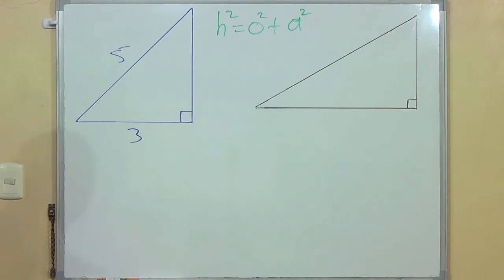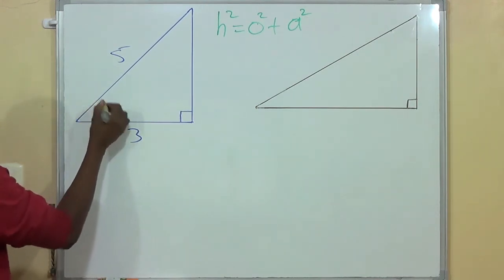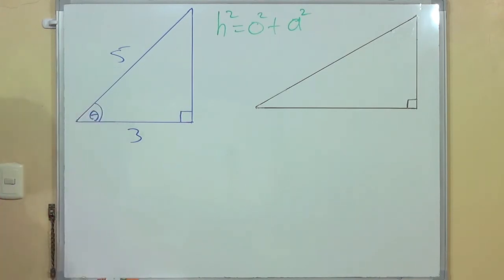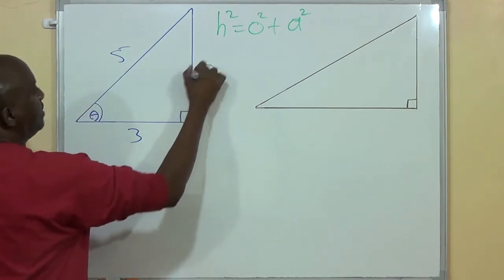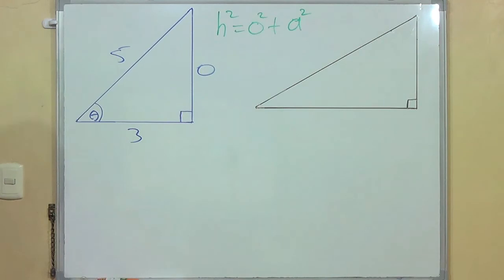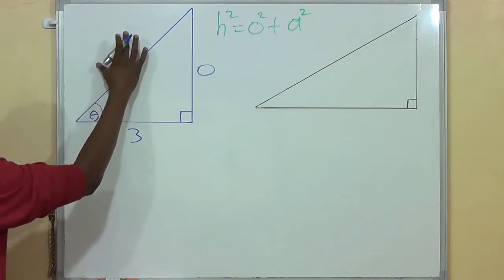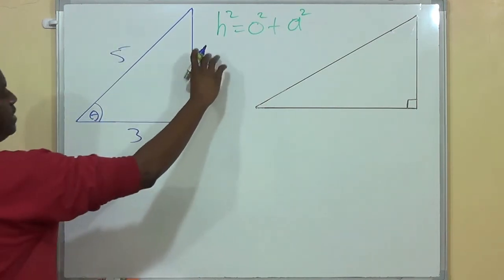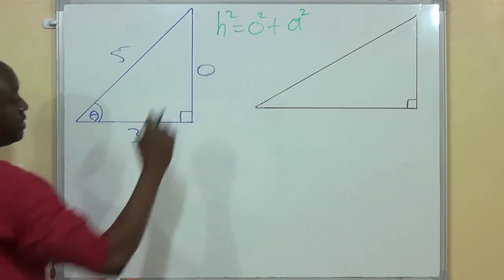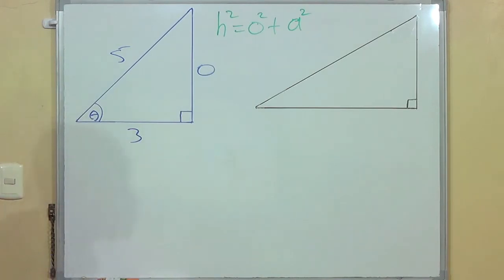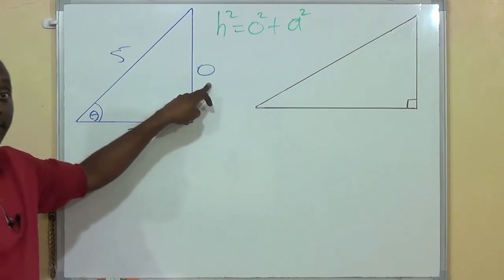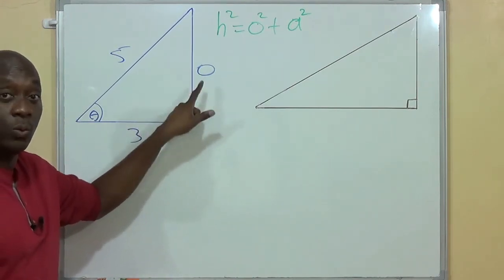If we choose to put the reference angle here, just for the sake of having a point of reference, then this would be the opposite side. So we have the hypotenuse 5, the adjacent side 3, and the opposite side O, not to be confused with 0. I'm taking the risk here of doing this, but explaining that this is not 0, this is O.